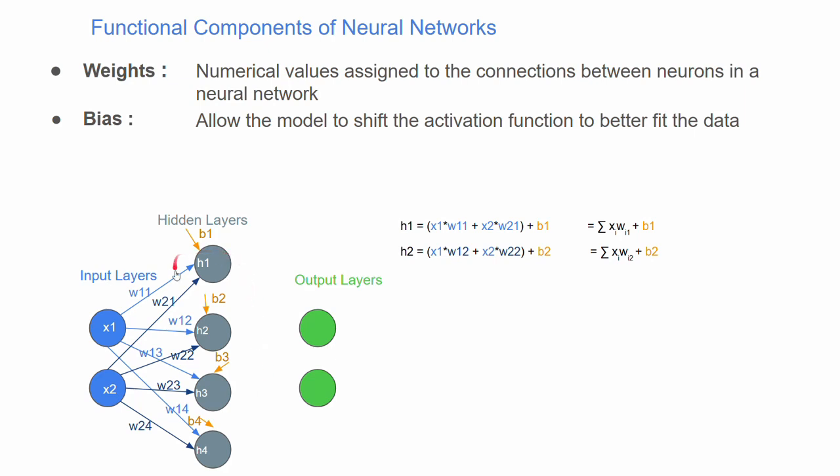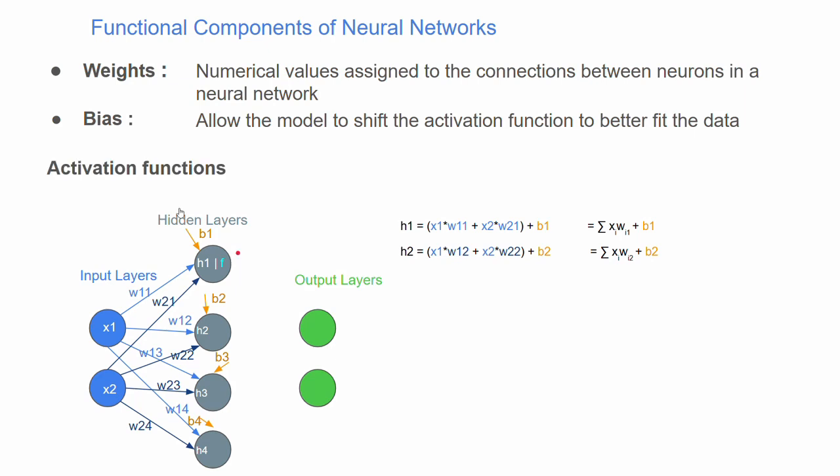And after this, what do we do? We don't directly feed h1 to the output layer. We add a function here. What is this function called? It is called the activation function. It decides whether this node should be activated and passed to the output layer or the next layer or not.